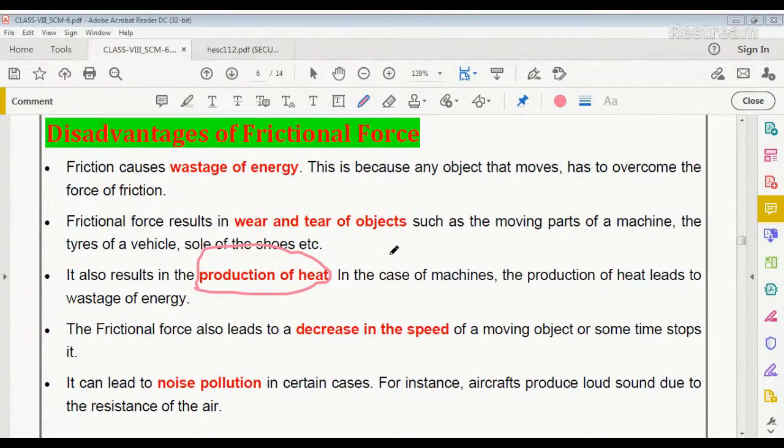In fact, when a machine is operated, the heat generated causes much wastage of energy. So we shall discuss ways how we can minimize friction in the following section or following chapter.